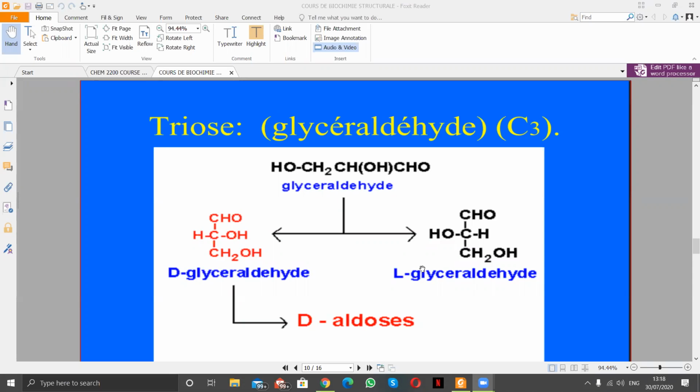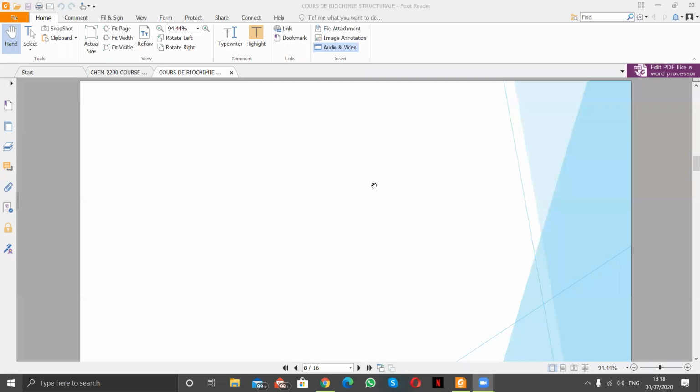That's what normally determines what you see, D aldose. Hydroxyl function group, I will take you back. Sorry. These are hydroxyl function groups.